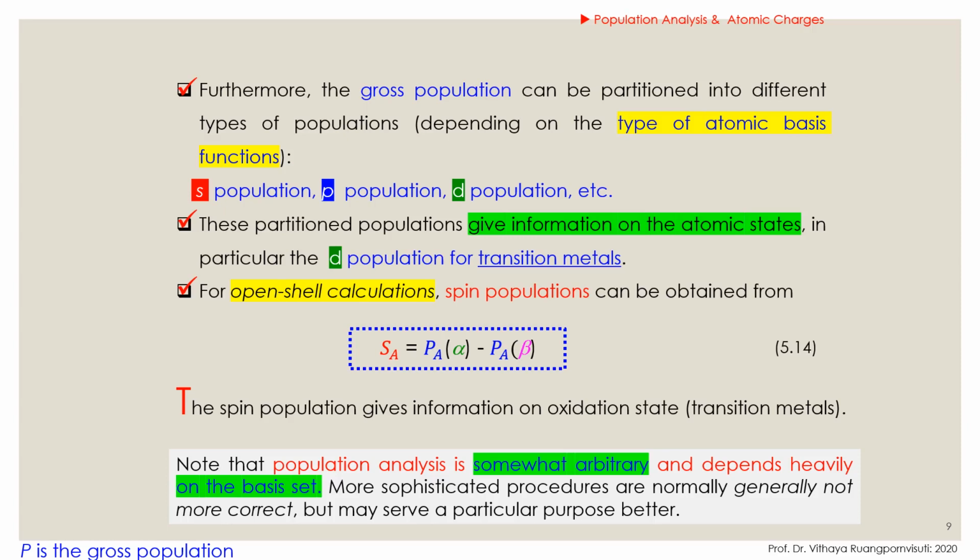The spin population gives information on oxidation state, particularly of the transition metals. Note that population analysis is somewhat arbitrary and it depends heavily on the basis set. More sophisticated procedures are generally not more correct, but may serve a particular purpose better.